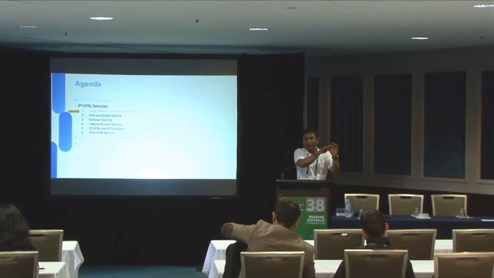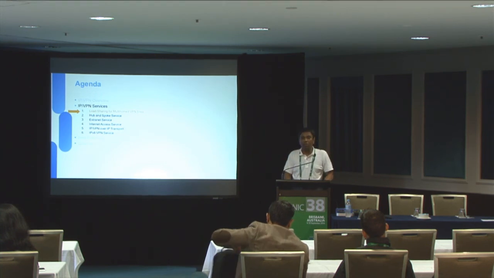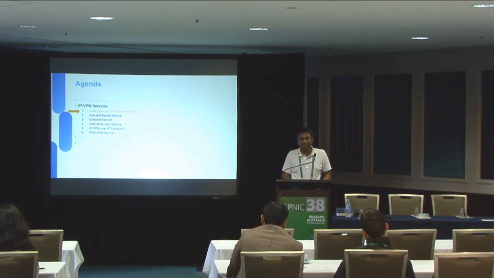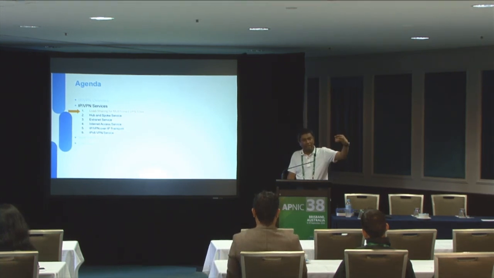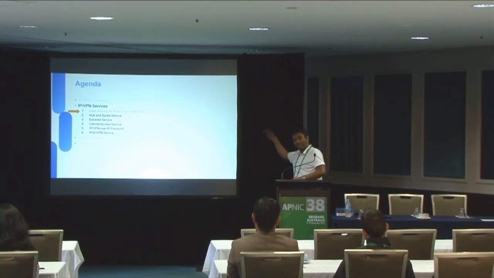But when our packet goes, do we have RT on the packet? If we don't have RT on the packet, then when the packet comes from PE1 going to PE2 on the other side, how will that router determine which VRF it belongs to? Did you get my point? The VPN label is for that.